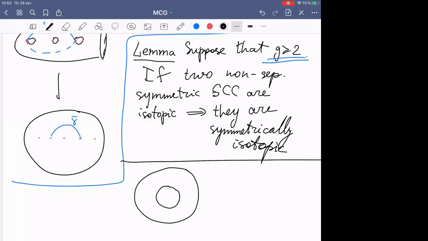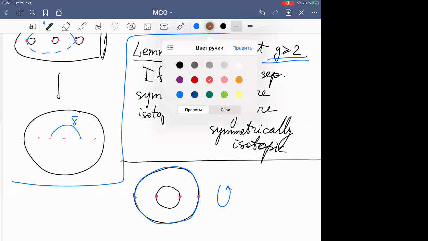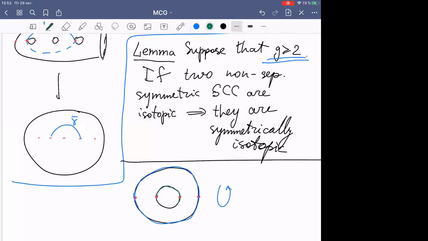If we have a closed torus, a genus 1 surface, then we have four fixed points, and now we have two simple closed curves, this one and that one.